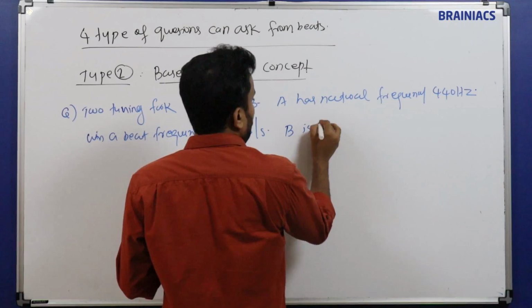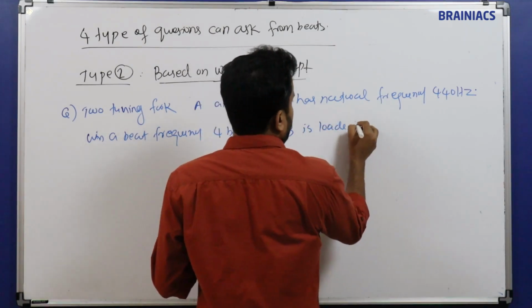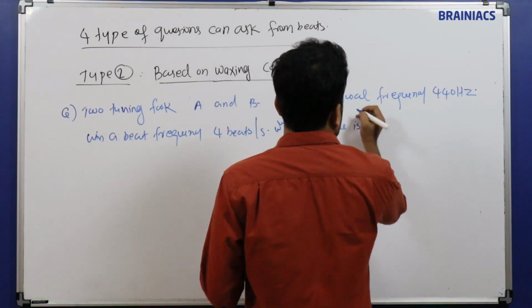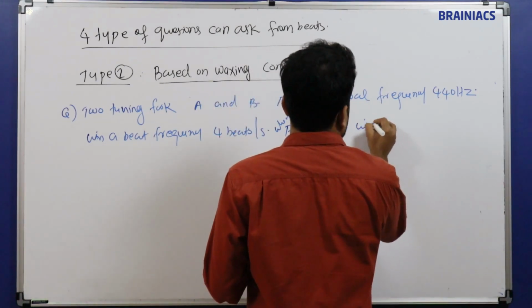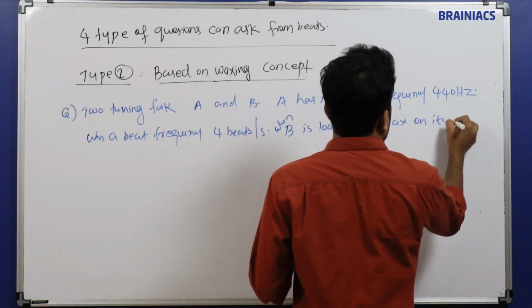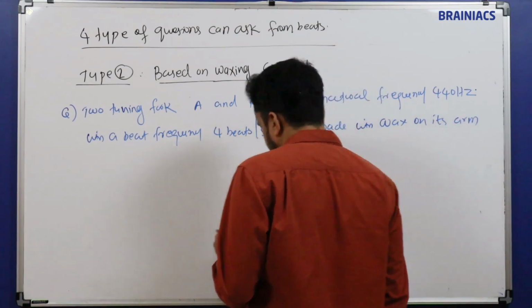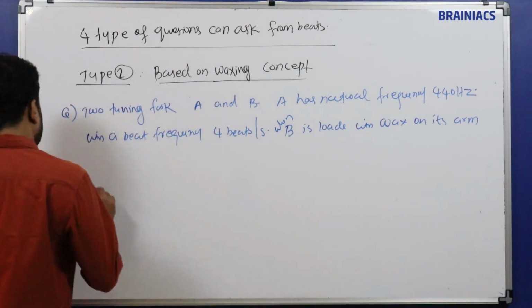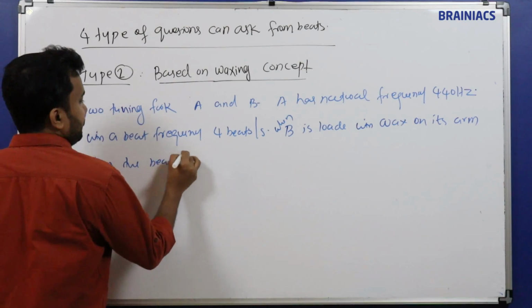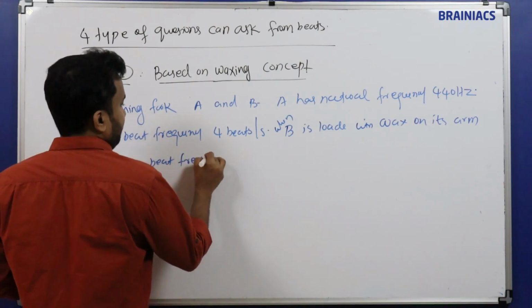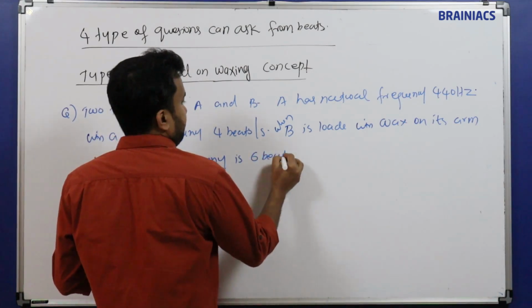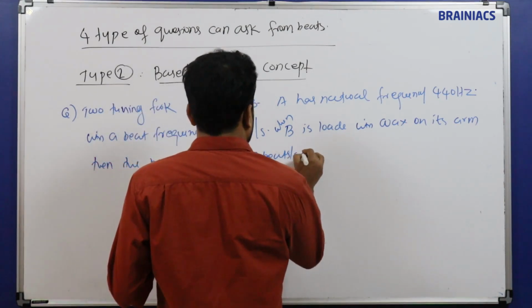When B is loaded with wax on its arm, then the beat frequency is 6 beats per second.